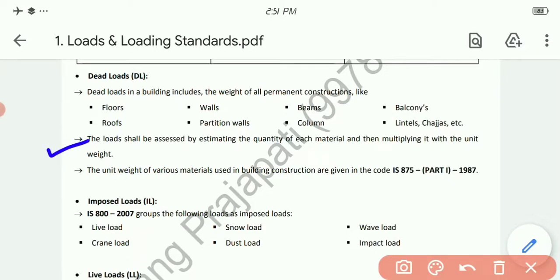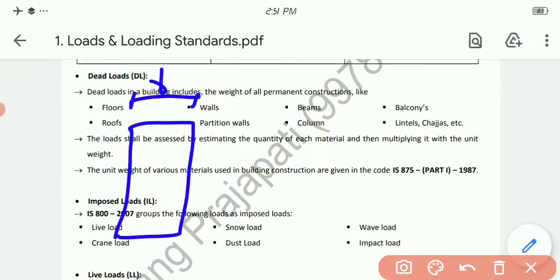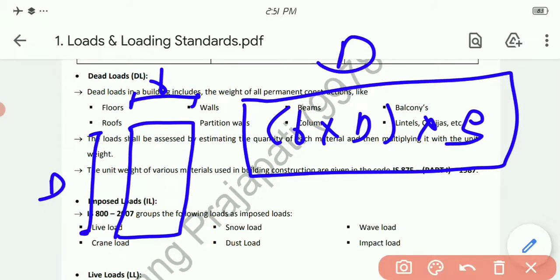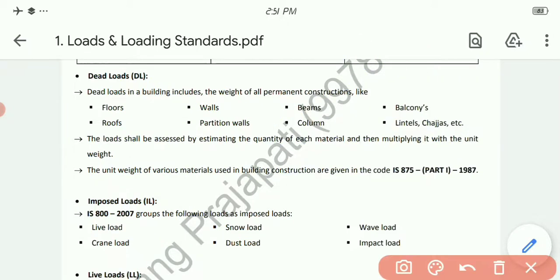The load shall be assessed by estimating the quantity of each material and then multiplying it with the unit weight. In simple words, if I want to calculate the self weight of the beam, I need to consider its cross section dimension, that is B cross D, and multiply it with the density of concrete. This will give me the dead load of the beam. Similarly we can calculate the dead load of any structure.